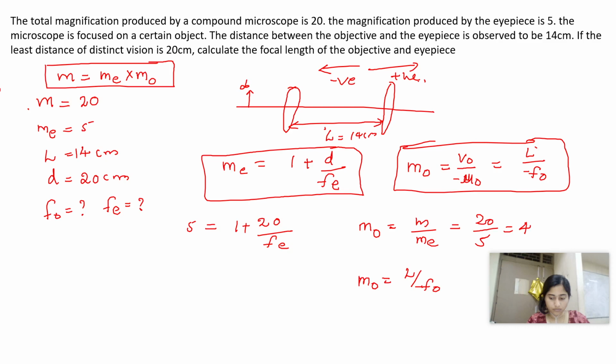It will be plus. The Fe is fine. Fe is 5. What about Fo? Fo will also be 5. 3.5.